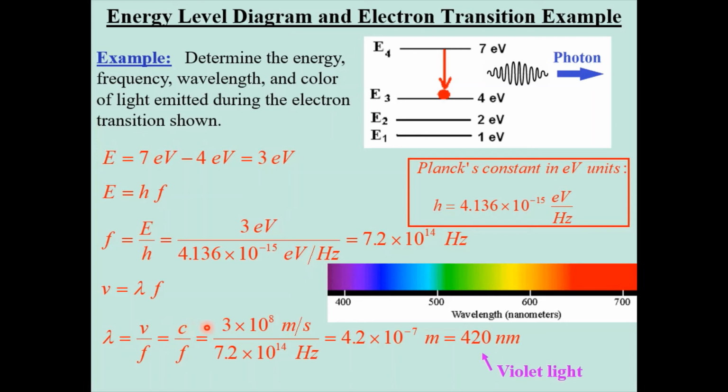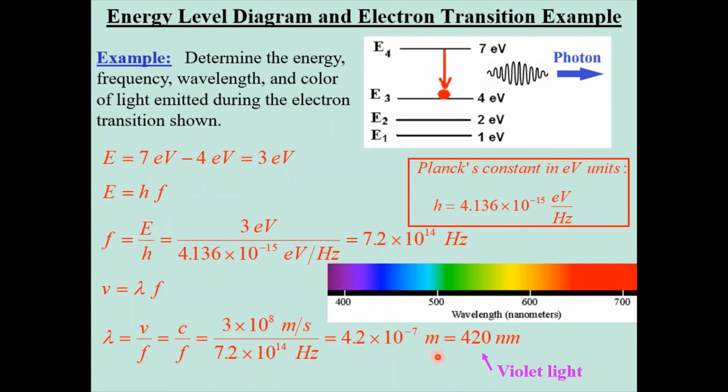And of course, c is 3 times 10 to the 8th meters per second. The frequency f, we're going to use our number from the last step, 7.2 times 10 to the 14th. When we divide this number by this number on our calculator, being careful to use scientific notation, we get our answer in meters, 4.2 times 10 to the minus 7 meters.